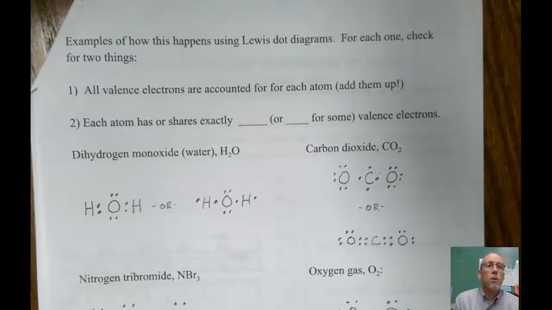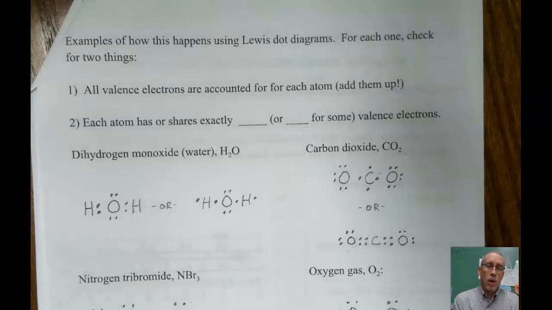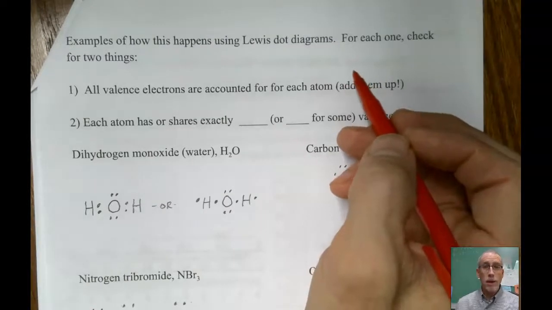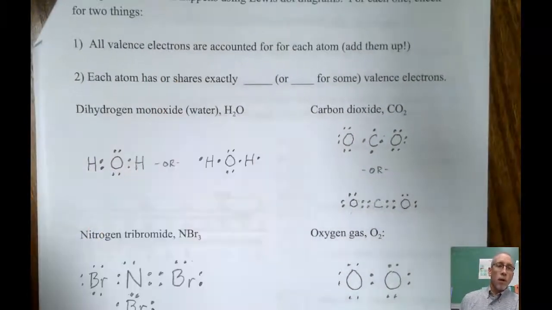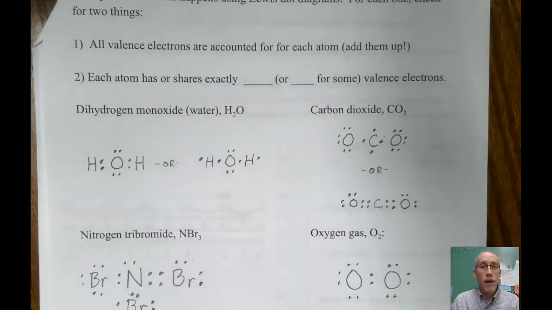All right, so as we go into our last page, I'm going to have you figure out what kind of diagrams will, what I call, work for forming covalent bonds. And this is an example of what I mean by works. I'll show you multiple examples of how some atoms could bond together. And you'll need to check for two things. First, and I've mentioned both of these, all the valence electrons in those atoms have to be shown on the diagram.